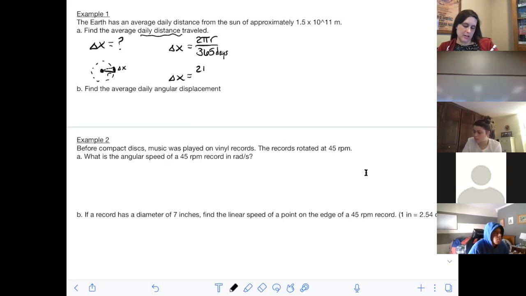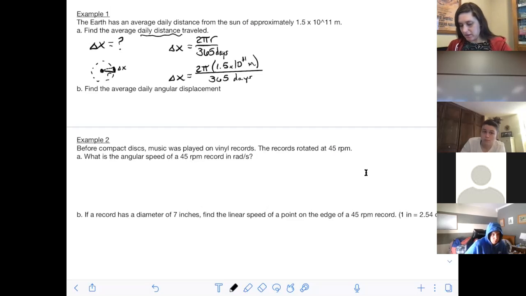2 pi times 1.5 times 10 to the 11th. That's how far I'm going to go in the year. So if I divide that by 365, that'll tell me how far I go in a day.